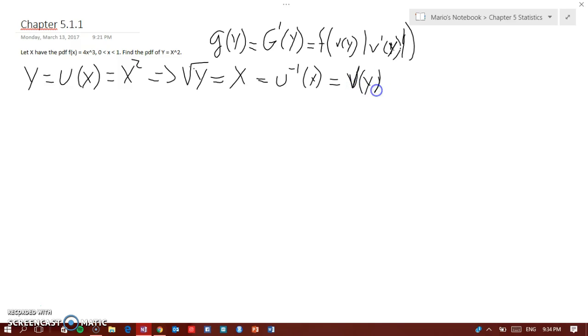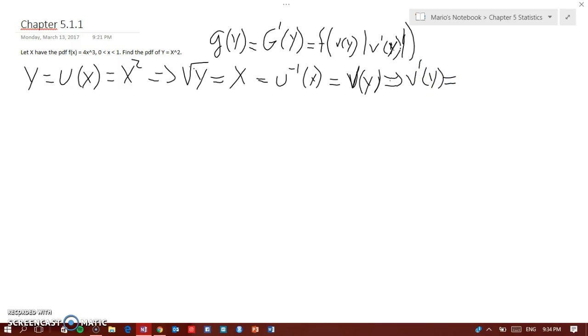So we define y to be equal to u of x, which is equal to x squared. Then we find the inverse of u of x, which is square root of y, which is equal to x. Now we define the inverse of u to be v of y. So v of y equals the square root of y, which means that we need to find the derivative of v of y.